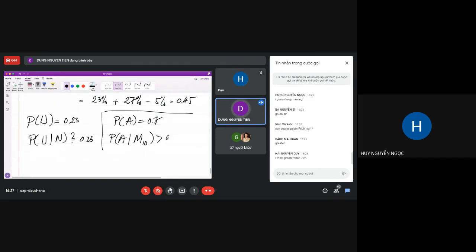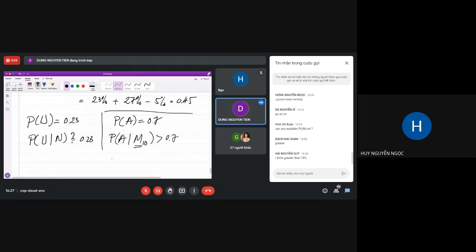So the probability that a student can pass the course is not a fixed value, right? It depends on the information you get. If you have no information, it is 70%. If you have some information, then it is something different. You want to find a way to define that probability. You call this conditional probability.